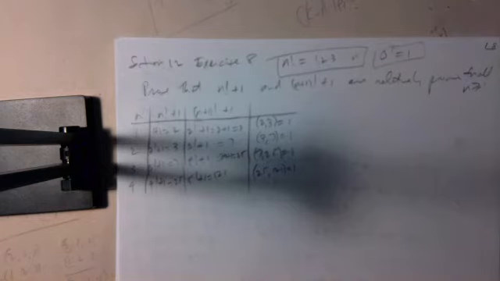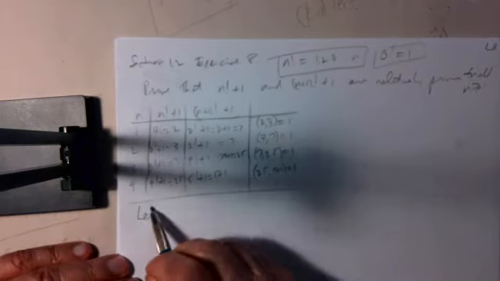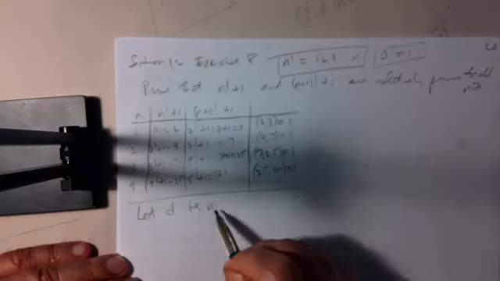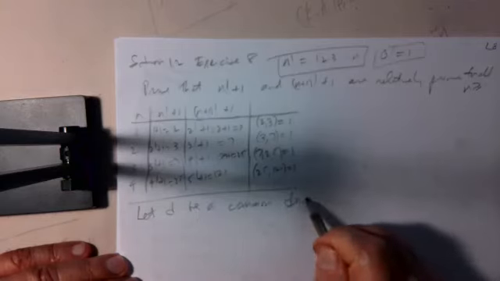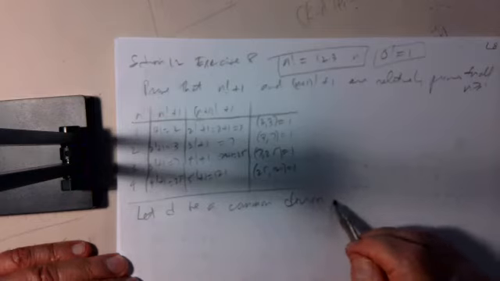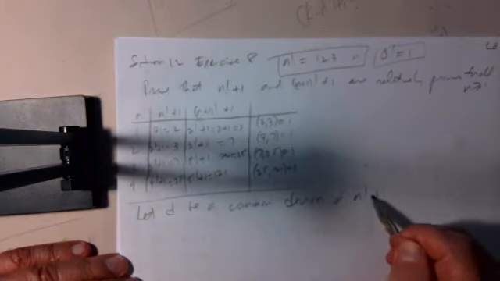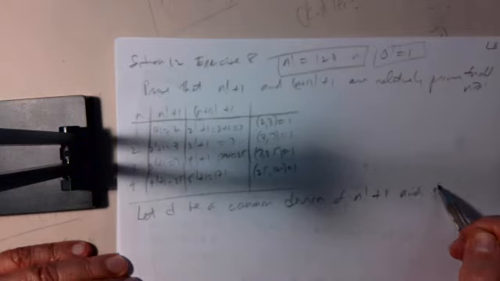So the question is, why is it true in general? So let's see. Let D be a common divisor of n factorial plus 1 and n plus 1 factorial plus 1.